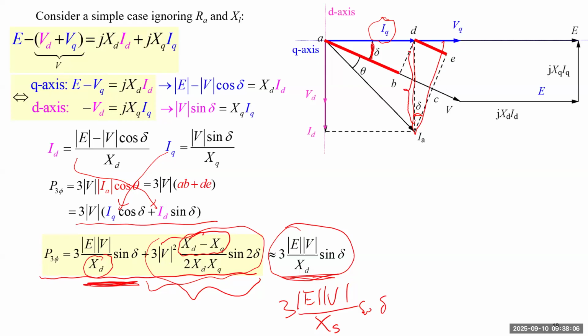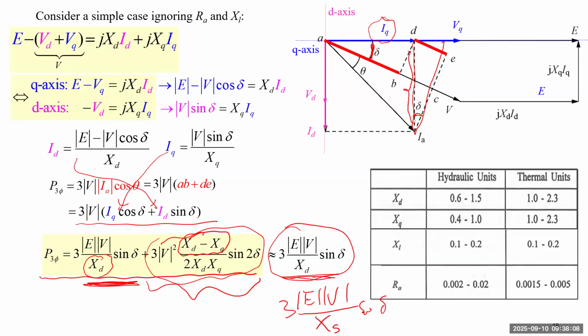Okay, so how good is this approximation? We can show this table of typical values of XD and XQ. Here all the values are in per unit. We'll explain what per unit means later, but it basically means you define a base and divide the actual value in ohms by the base, so you get a fraction or percentage that you can compare.